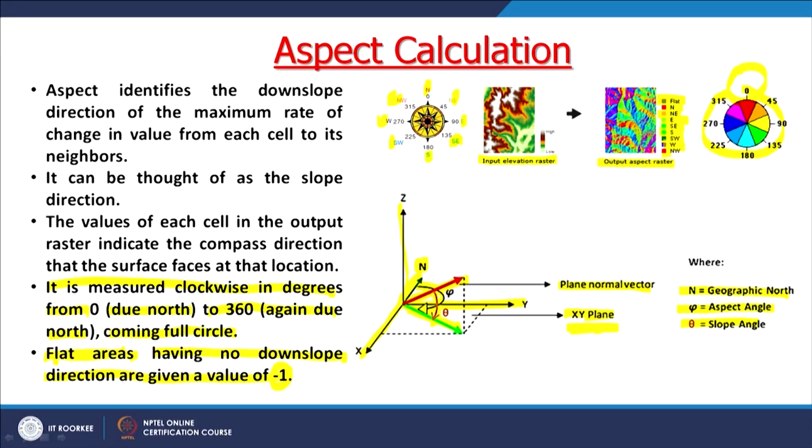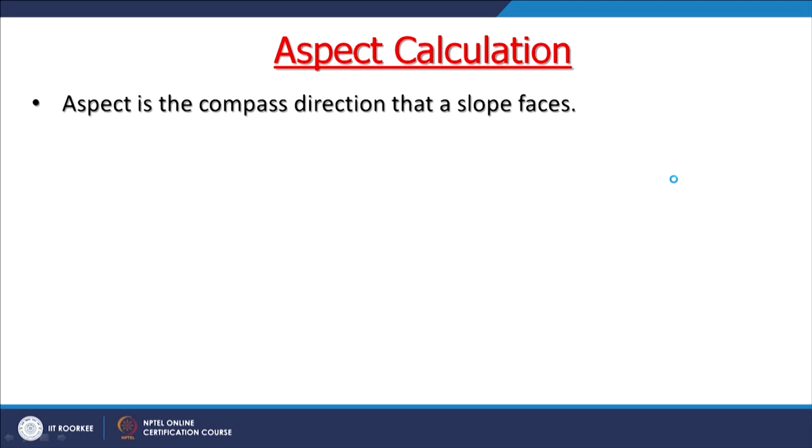So, automatically it can be identified that this is a flat terrain. Here you are seeing only 8 directions in the legend plus 1 flat, but in the system for each sloping surface you can have the variations between 0 to 360 degrees.